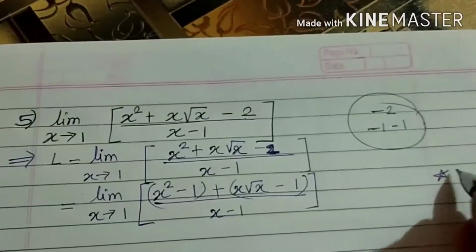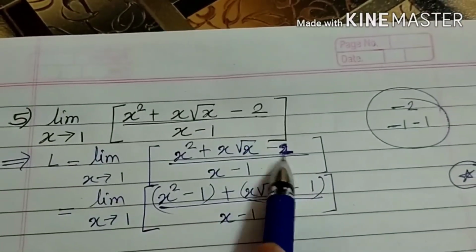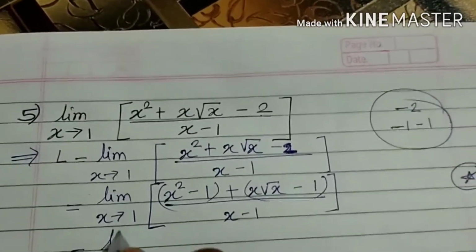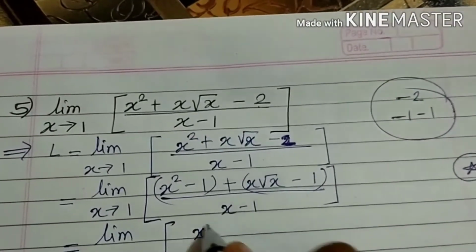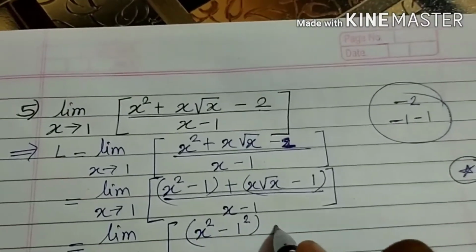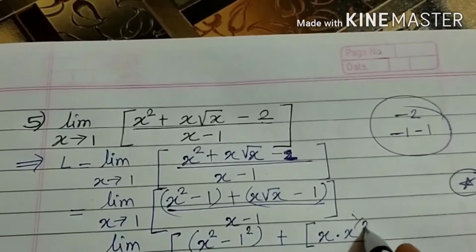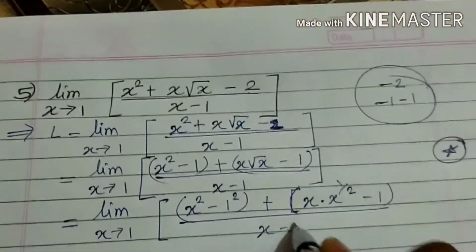This is a very important step. I am making a star here because you have to split minus 2 as minus 1 minus 1. Okay. So limit x tends to 1, write it as x square minus 1 square, and here it is suppose x into x raised to 1 by 2 minus 1, and this divided by x minus 1.